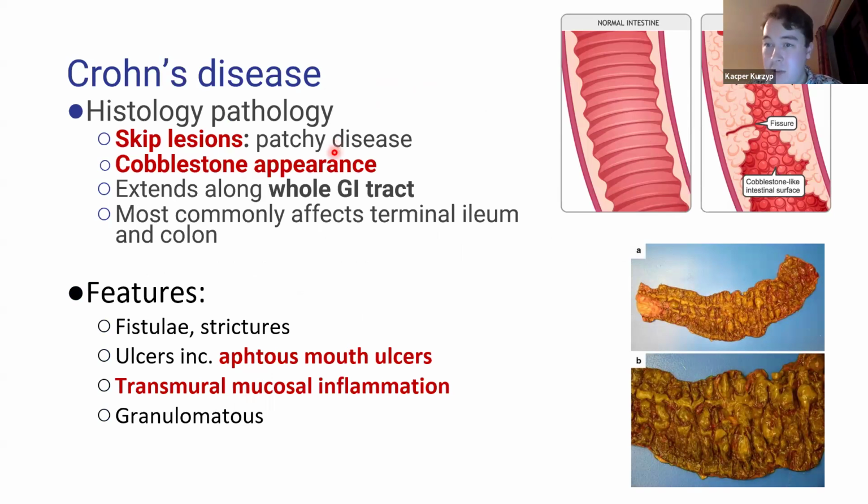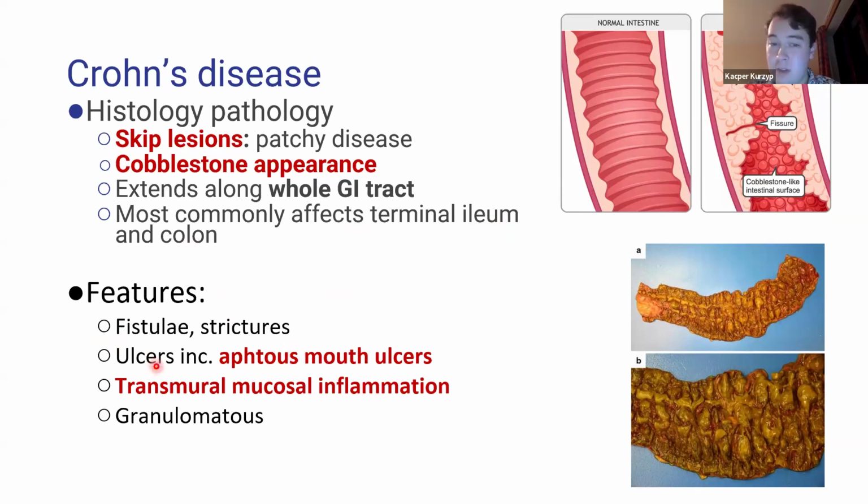Similar with that is the cobblestone appearance, which again you have areas of inflammation interspersed with areas of normal tissue. And as I've said, most commonly is the terminal ileum, and right after that, the rest of the colon. As we've mentioned, there are fistulae and strictures, and those can be quite significant in terms of morbidity.